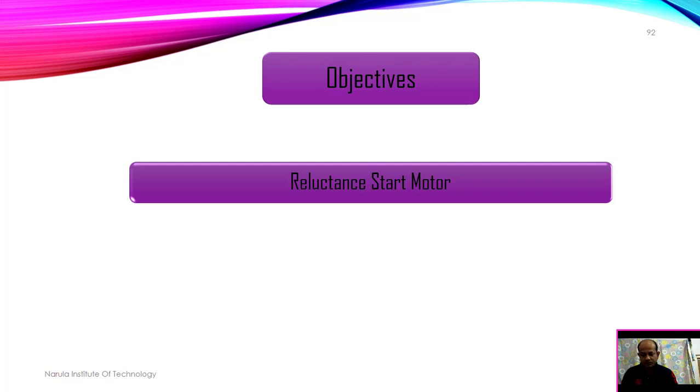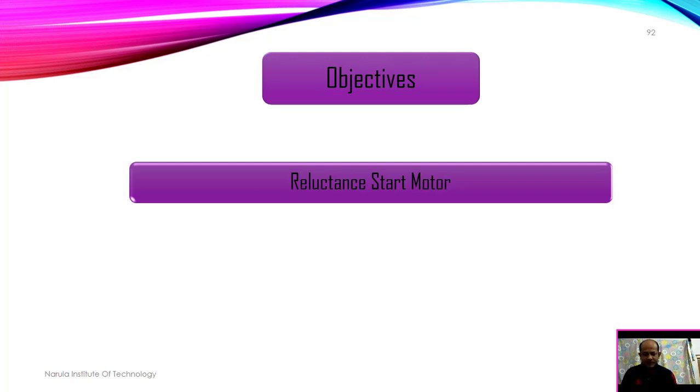Now when we discussed the shaded pole induction motor, we saw that the salient pole structure is divided into two sections.